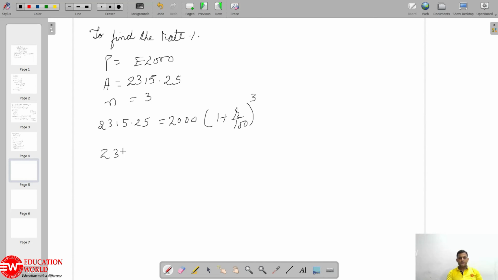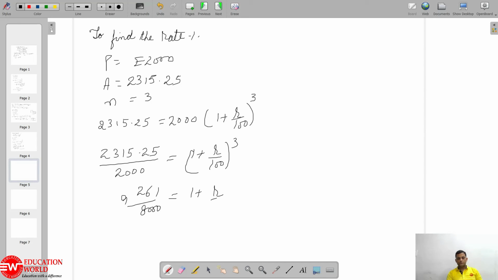So it is 2315.25 by 2000 equals 1 plus R by 100, cubed. After solving, what do you get? 9261 by 8000. So 1 plus R by 100 equals 21 by 20 cubed.